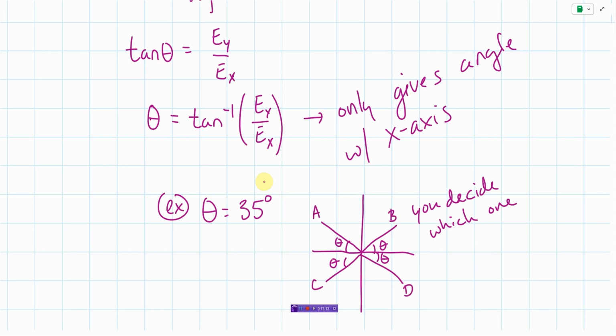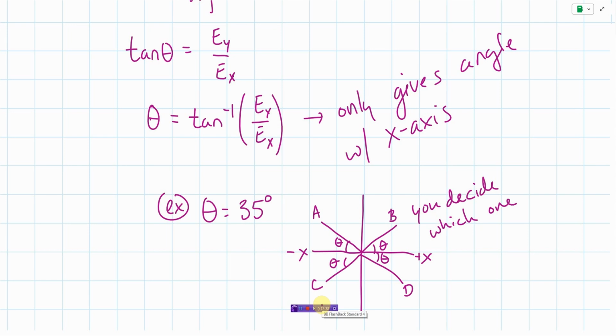A, I might describe as 35 degrees above the negative x-axis. B, I might describe as 35 degrees above the positive x-axis. C is 35 degrees below the negative x-axis. You also might be able to use words.